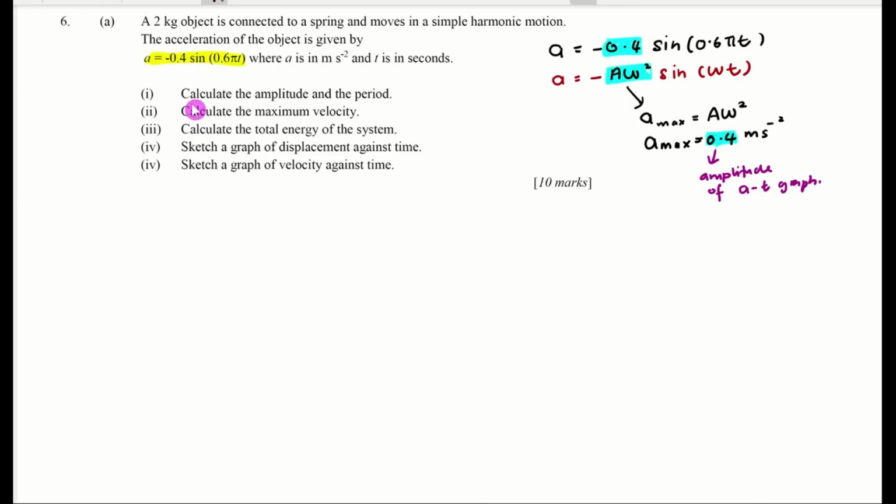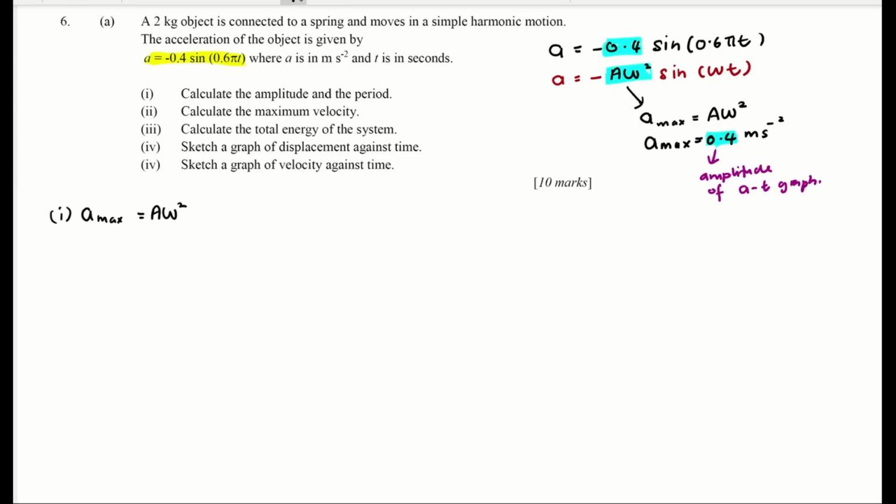So now let's look at the first question. Calculate the amplitude and the period. So we want to calculate the amplitude and also the period. So based on the equation, we have information about A maximum, which is equal to A omega squared.